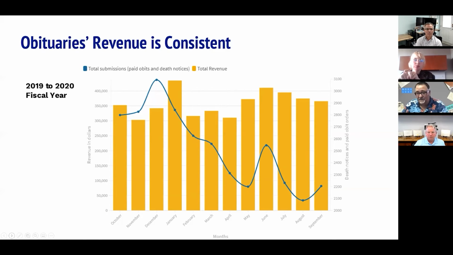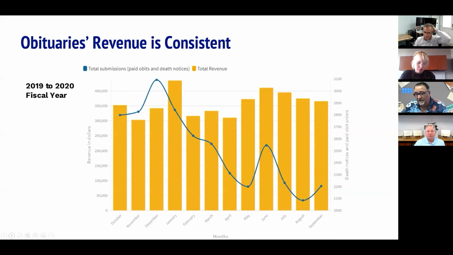And then you see the blue line start to slide down. Why was that? Well, that's when the pandemic hit, right? A number of our clients started to shed the number of days that they published during a week. A large number of them went down to twice a week or once a week for the printed edition, and then they implemented other things like e-editions and put more emphasis on their websites.